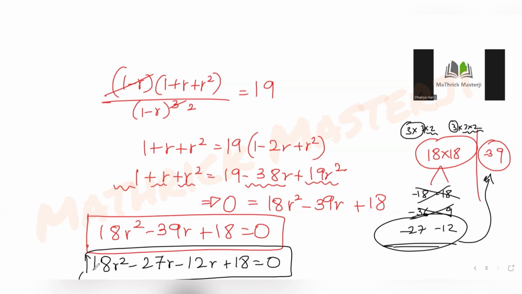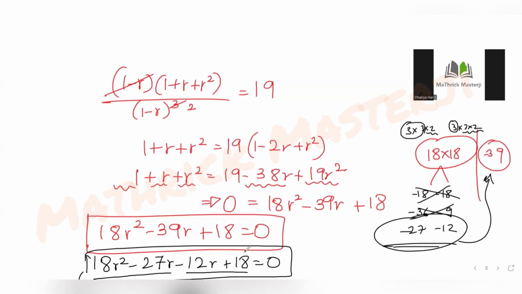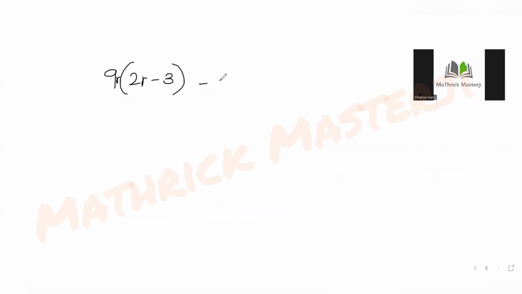If I see four terms, I take common from the first two and from the next two. From 18 and 27, I can take 9r common, and I'm left with 2r minus 3. From 12 and 18 also I can take 6 common, and I have 2r minus 3.